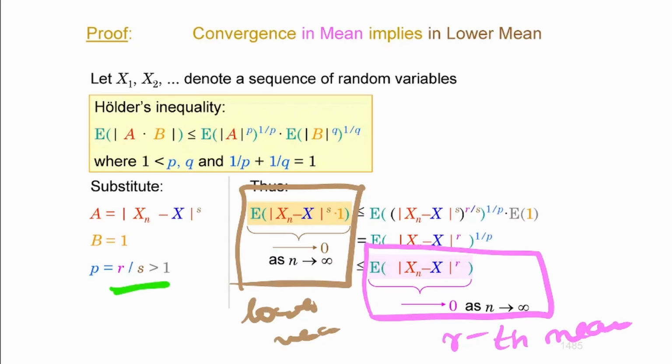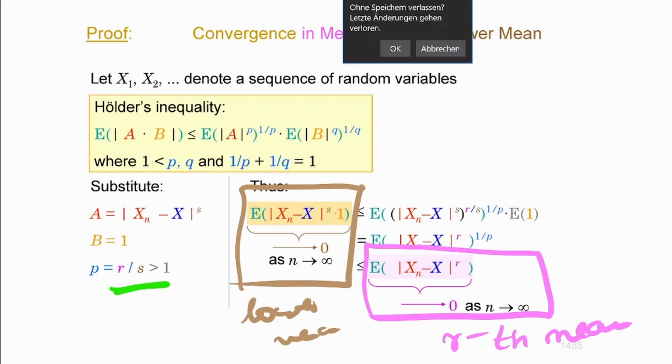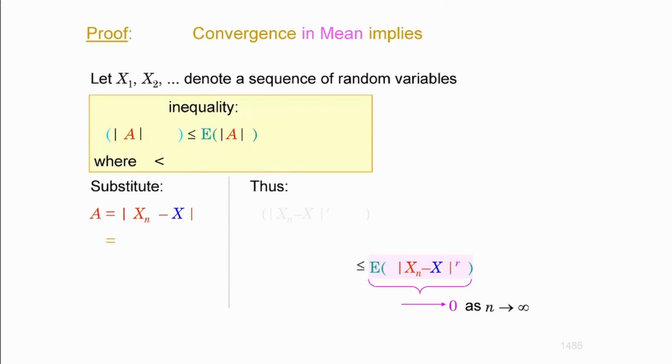That's proving this issue. So convergence in mean implies convergence in lower mean. You understand the point? I'm going to discuss it in detail, but that's the issue. Next, and that's astonishingly similar, the structure of the proof is going to be the same.